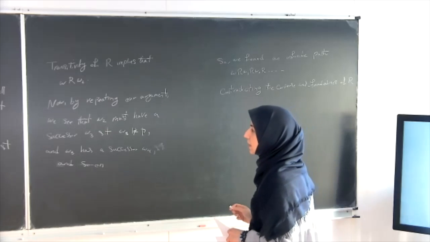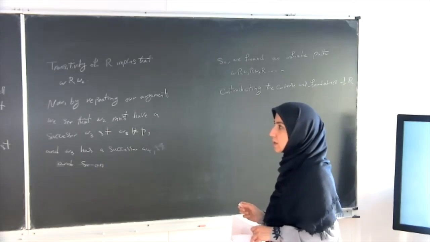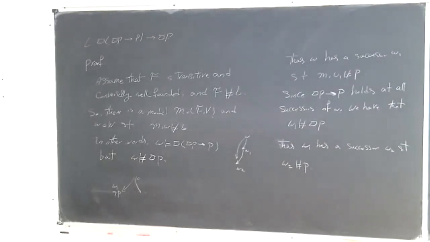So if F is transitive and conversely well-founded, then the formula L is valid on F.